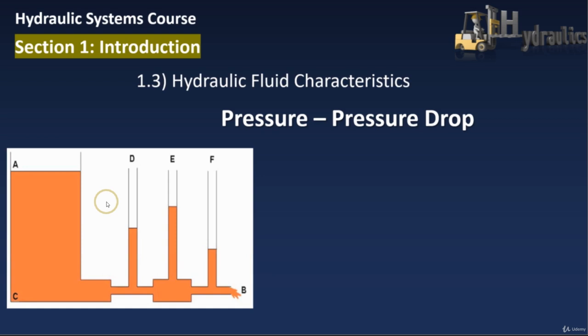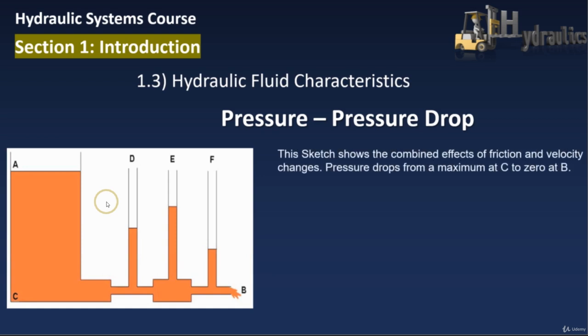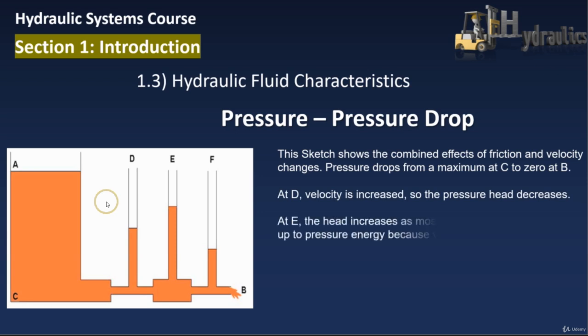This sketch will give us more clarity, and here it shows the combined effect of friction and velocity change. Pressure drops from a maximum at C to 0 at B. At D, the velocity increases. If you see here, the area is reduced, so velocity increases, so the pressure head decreases.